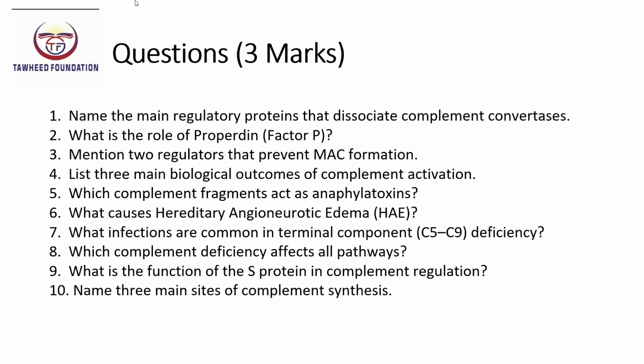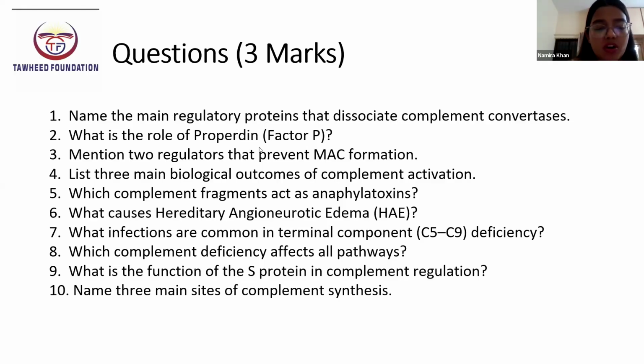So, question parts for 3 marks. First, name the main regulatory proteins that dissociate complement convertases. Here you can name C4BP, CR1, factor H, and DAF. Second, what is the role of properdin, factor P?